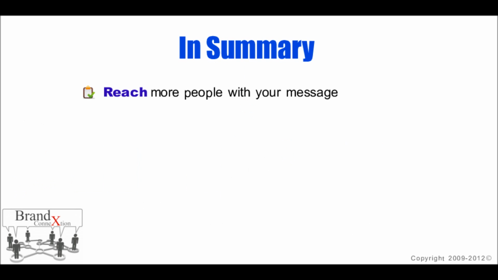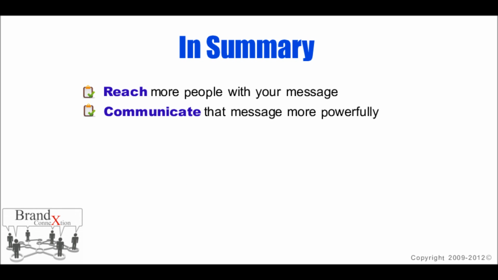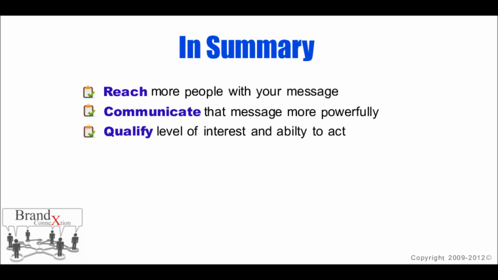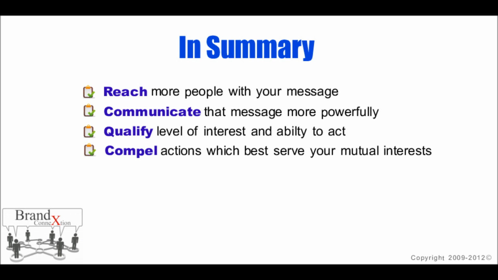Let's just summarize what we just discussed and what we just viewed. We can reach more people with your message. We can communicate that message more powerfully. We can qualify the level of interest and the ability for that visitor to act.